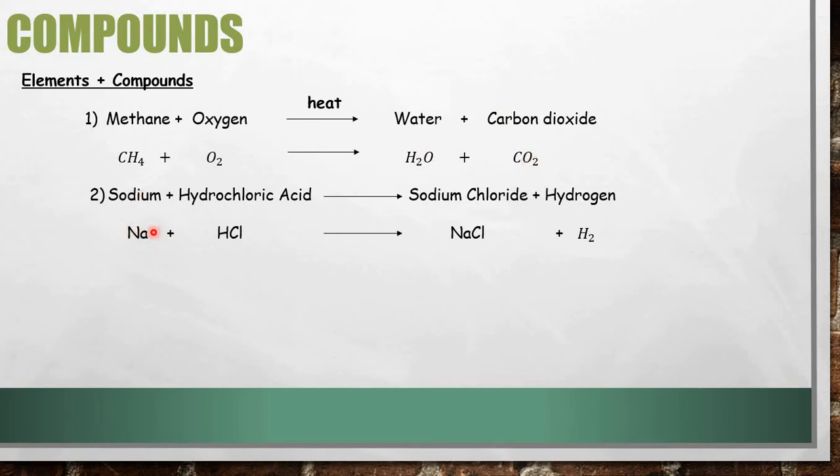Sodium is Na, hydrochloric acid is a compound, HCl. Hydrogen mixed with chlorine is known as hydrochloric acid. If you heat these two things, you will form sodium chloride, the compound NaCl, plus hydrogen, H2. This is element plus compound.